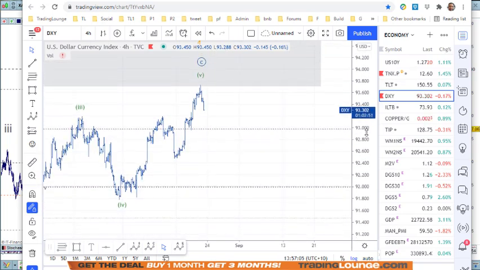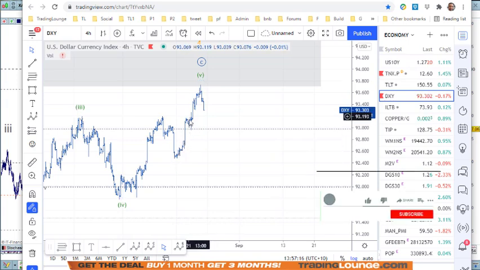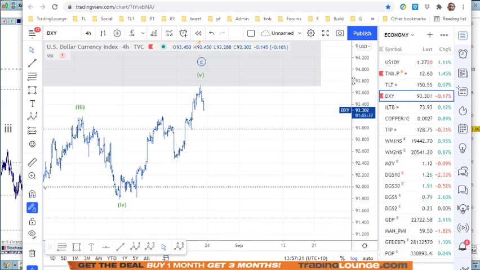So I've been counting this up here, and we can look at this as 1 and 2 here, and then 1, 2, 3, 4, 5 for the third wave, ABC for the fourth, and then we're looking for 5 waves up here. So I'm just assuming we've got wave 1 and 2 in here, and 3 and 4 in here, and then a little 5 waves up here. So I think that's the top.